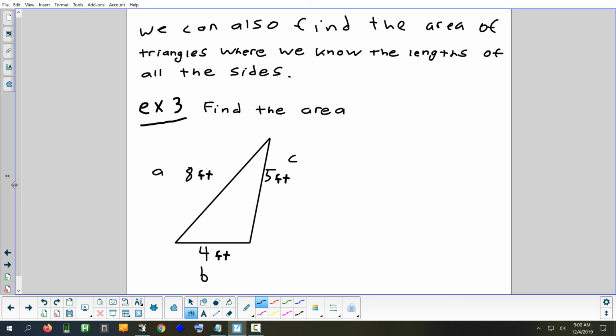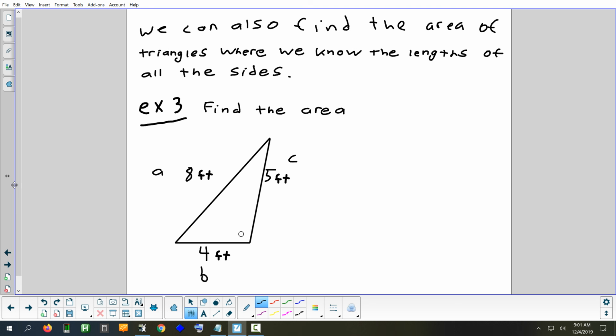You could go back to the basic formula from geometry, 1/2 base times height. Problem is you don't know the height. 5 is not the height. Height has to be straight up and down. That's not straight up and down. Okay? I could say that the base is 4, yes, but I don't know the height. So we got to use that formula, but we're missing an angle. I got to find an angle. Doesn't matter which one. Any one you want.